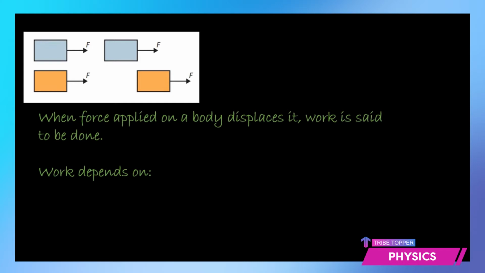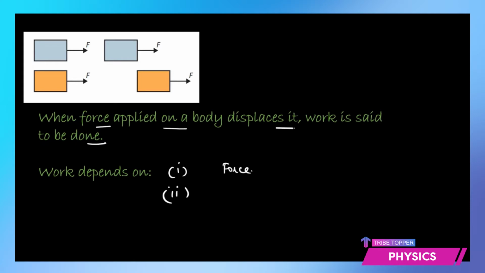So how would we define work? We say when a force applied on a body displaces it, work is said to be done. Now, what are the things on which this work done depends? Number one, the force that you apply. That means the greater the force, the greater the work done.